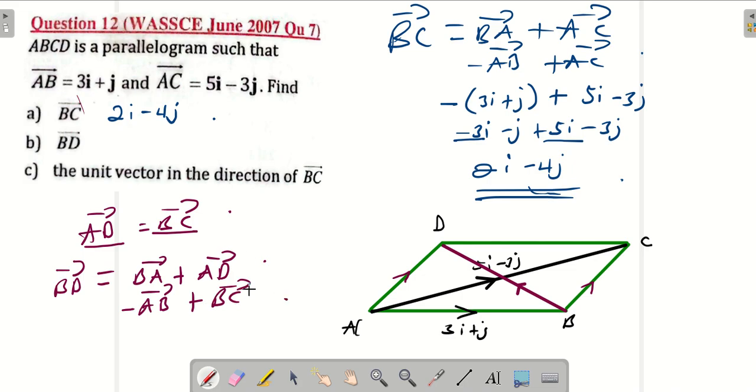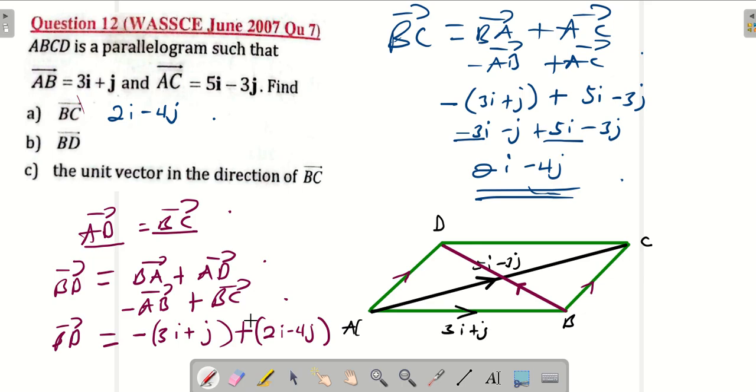Then you now substitute the values into it. So we are going to get BD to be equal to negative AB. Where is AB? 3I plus what? J. Then plus BC. Where is our BC? 2I minus 4J.